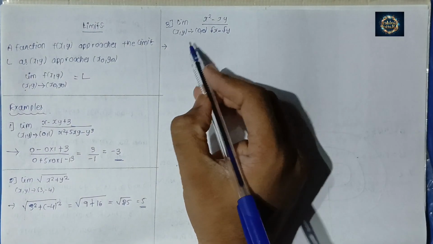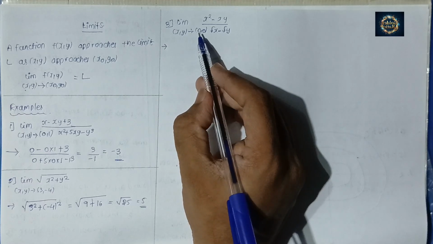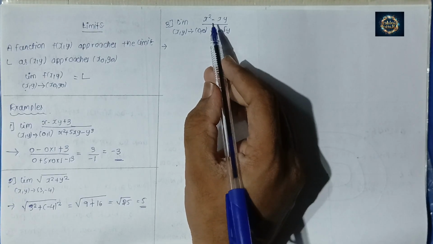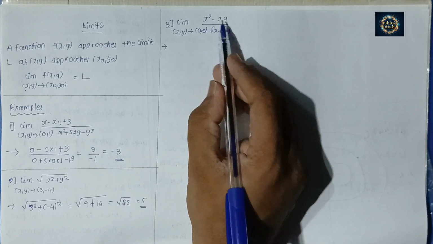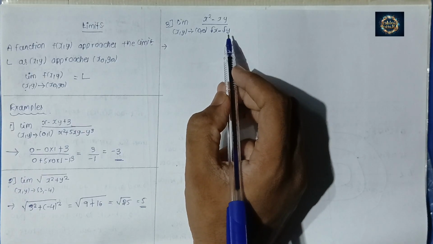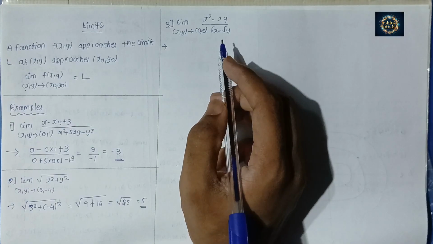While solving this kind of problem, now a problem arises. Here the value they have given is both x and y approaching 0 comma 0. If we directly substitute 0 comma 0 into this function, it leads to the 0 by 0 form, which is generally considered an indeterminate form. So how do we solve this kind of problem?